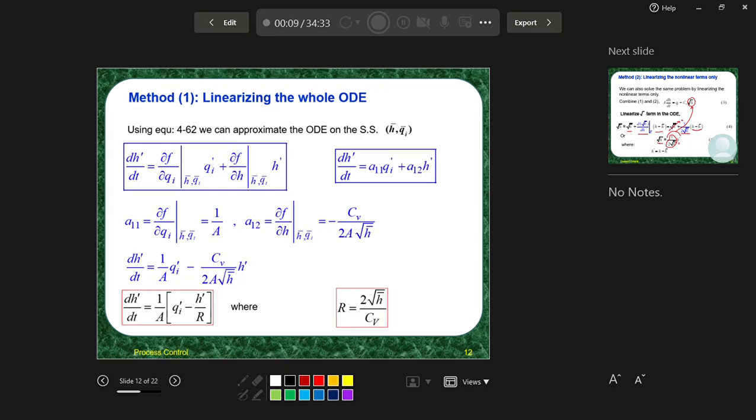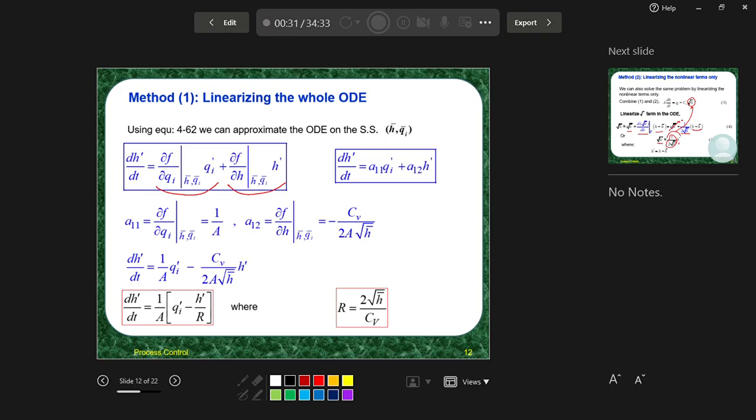As we proved in the previous slide, the nonlinear differential equation can be put as a combination of two linear terms. Since we have two variables here, we have this constant times Qi prime, plus this constant times H prime.